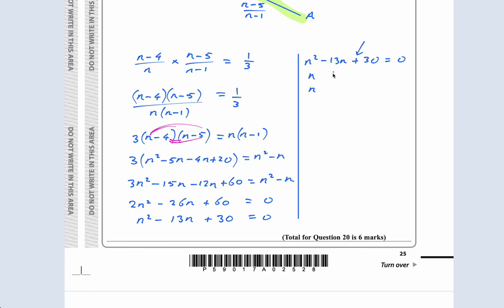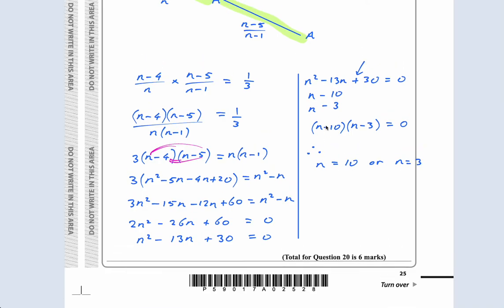So it actually has to be 10 and 3. So my signs are the same, so it's minus. n minus 10 times n minus 3 equals 0. Therefore, n equals 10 or n equals 3.